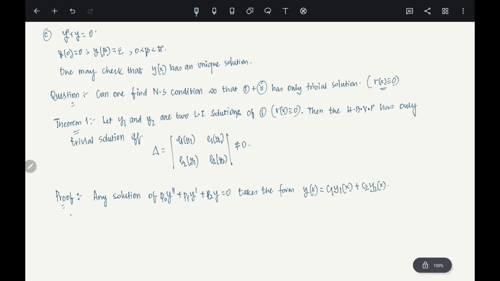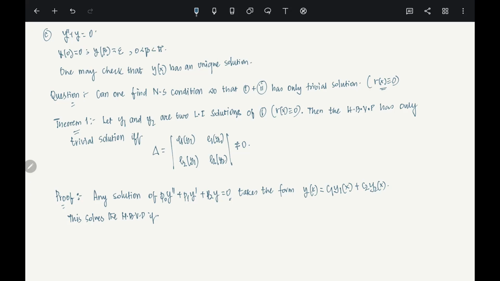Now this solves the homogeneous boundary value problem. Of course this solves the equation. Now this has to also solve the boundary data, right?